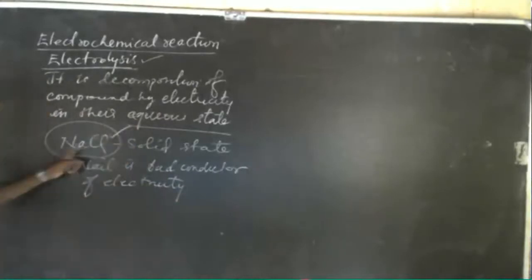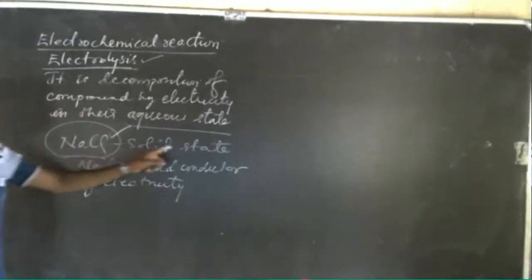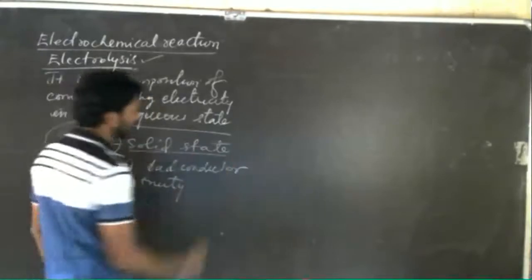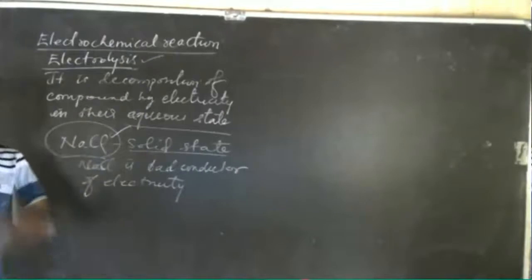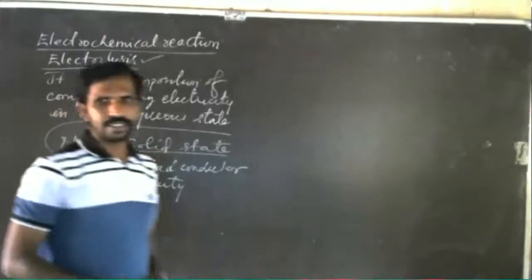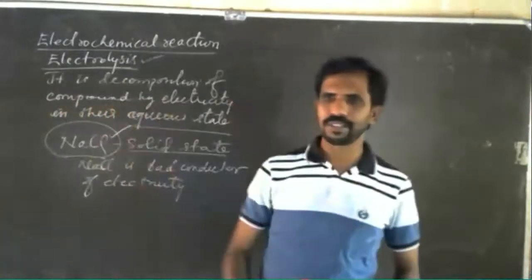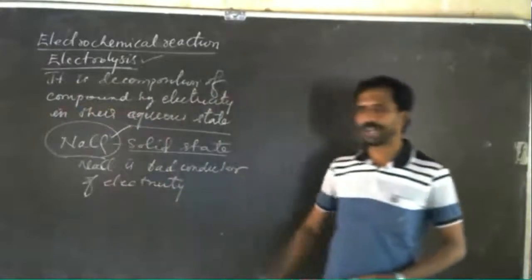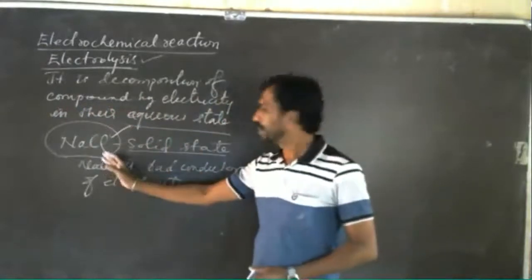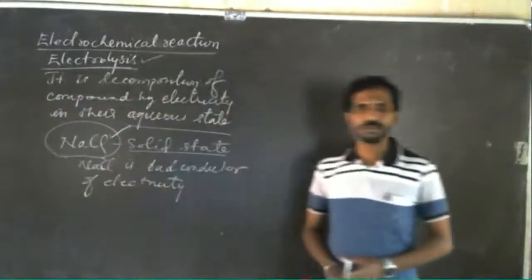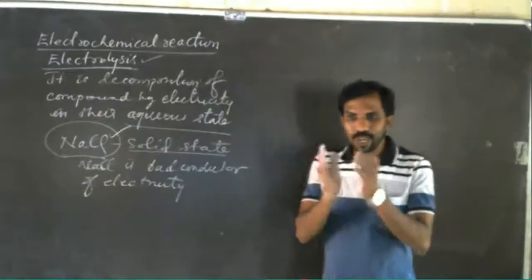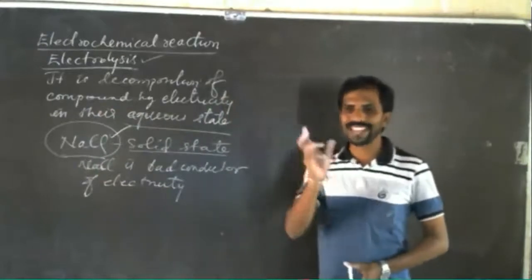See, NaCl actually is in a solid state. In solid state, NaCl is a bad conductor of electricity. It cannot conduct electricity. That's why we have to dissolve it, to separate chlorine and sodium. We have to dissolve and make it an aqueous solution.